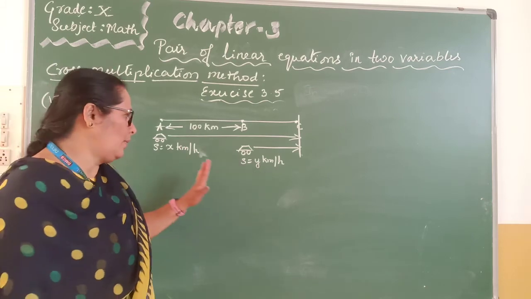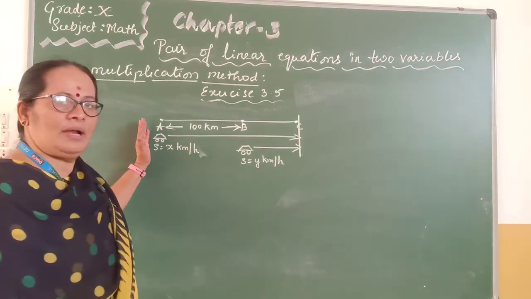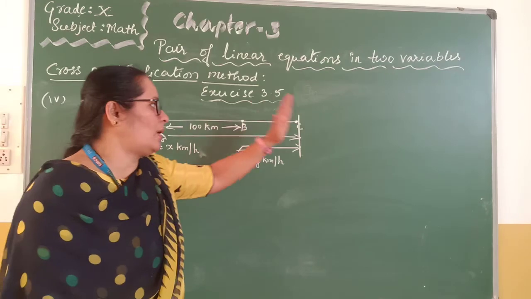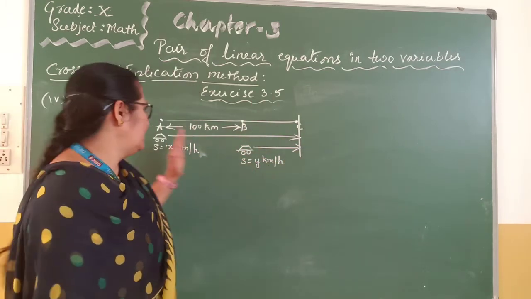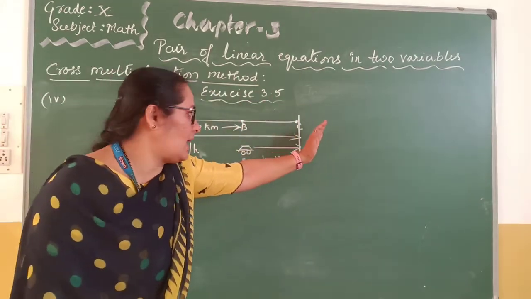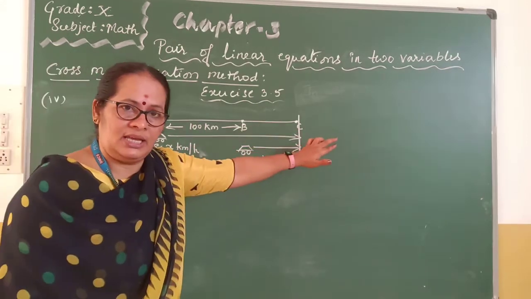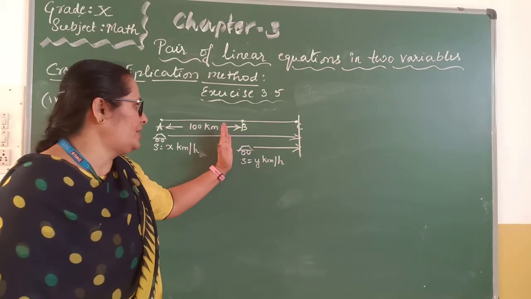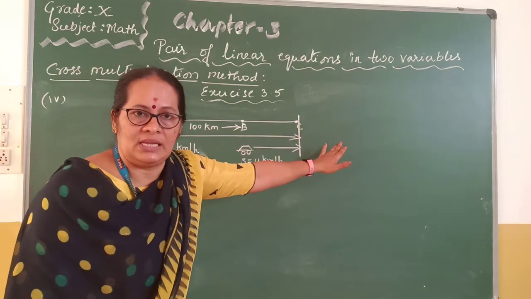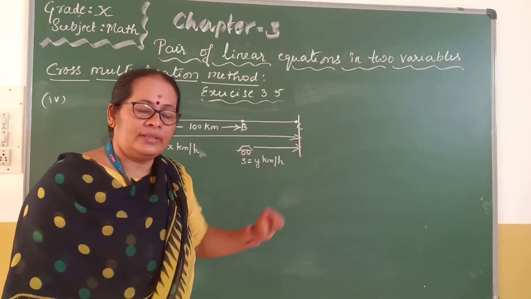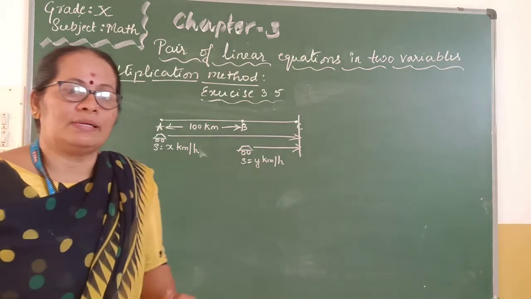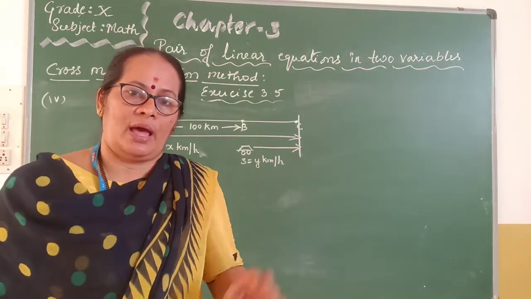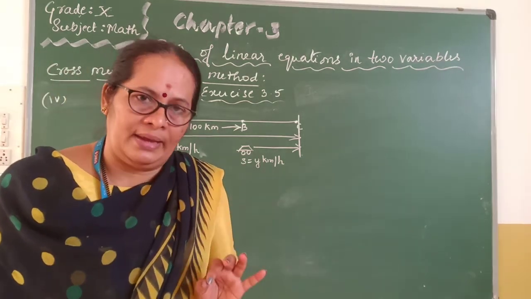Now, the distance travelled by car A is AC, whereas the distance travelled by the car from point B is BC. You know that distance equals speed into time. This formula you know very well.